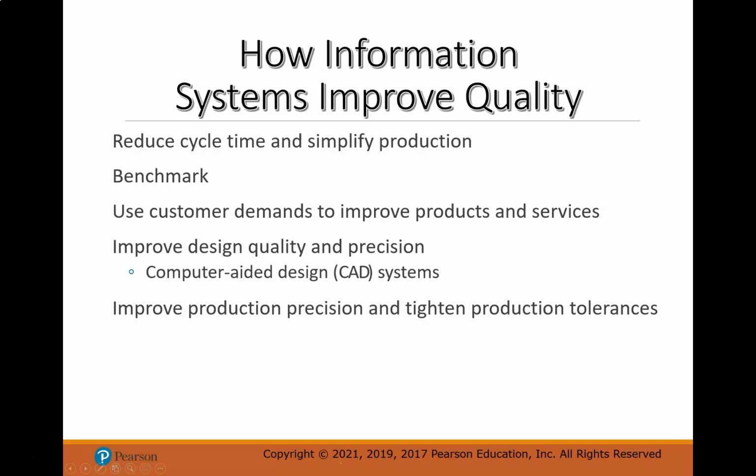Then you have using customer demands to improve products and services, and reducing product development cycles. Shorter cycle times mean that problems are caught earlier in the process, often before a defective product is completed. So you want to find it out, obviously, before you ship it out. And then improving quality of design. Sometimes they're going to use CAD, computer-aided design.